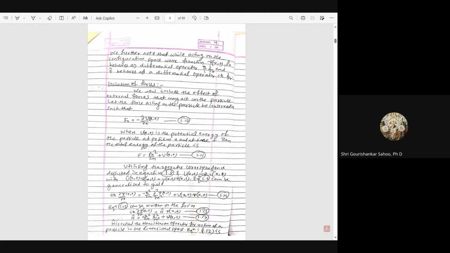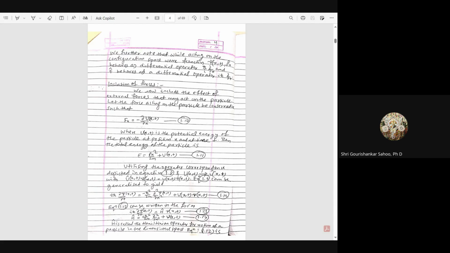And you know i h cross del psi by del t can be written as h cap psi, where psi is a function of x and t, where h cap is equal to minus h cross square by twice m del square by del x square plus u, where u is a function of x and t. So here your kinetic part is minus h cross square by twice m del square by del x square, and the potential part is u.